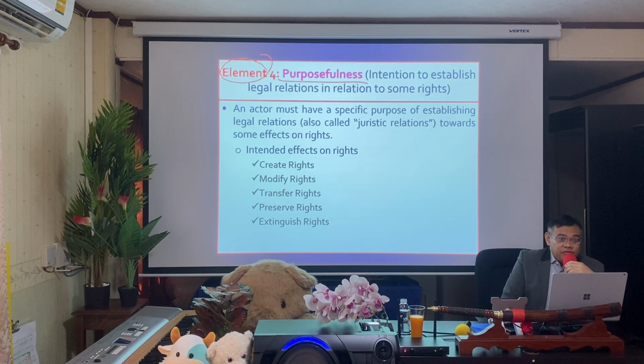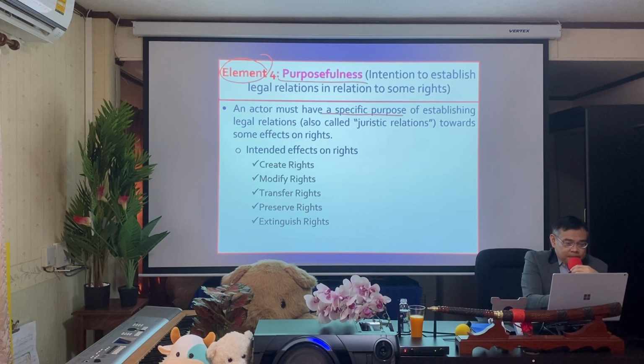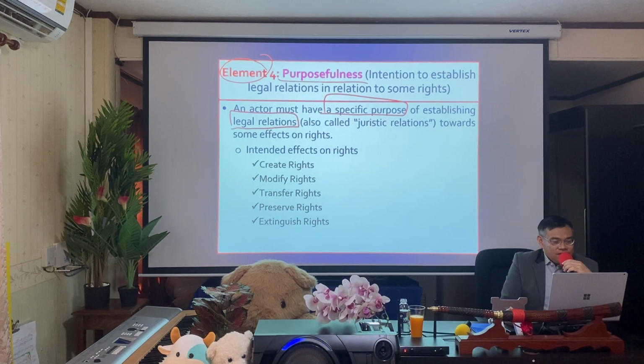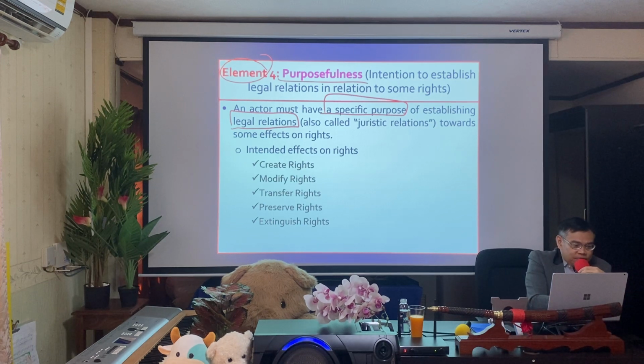The person who makes the juristic act must do so for a particular purpose. He must have a specific purpose in order to create or establish legal relations, towards some effects on rights.